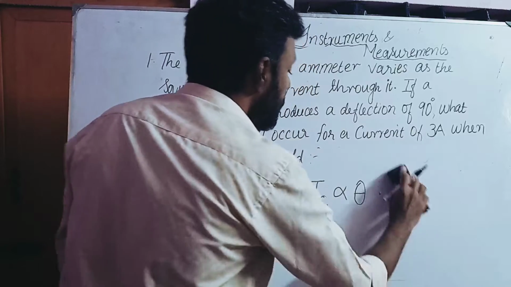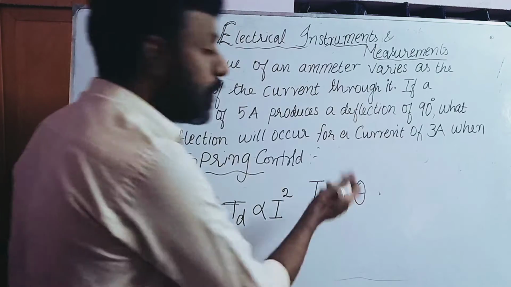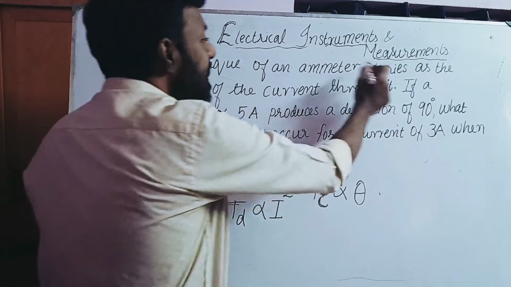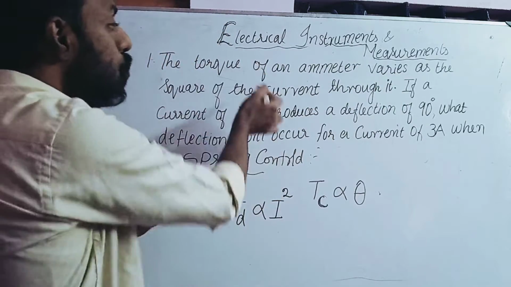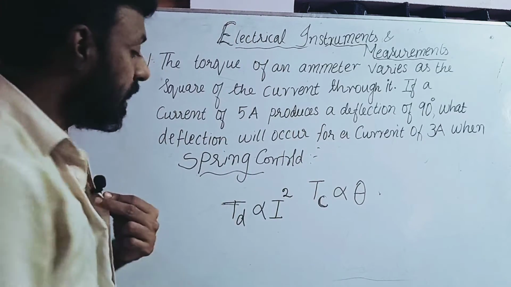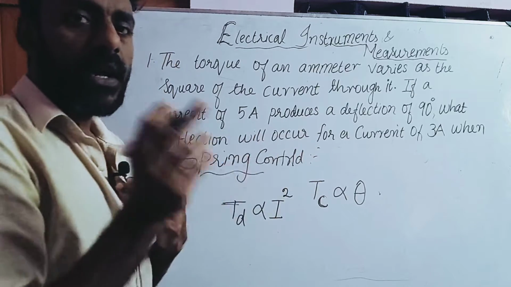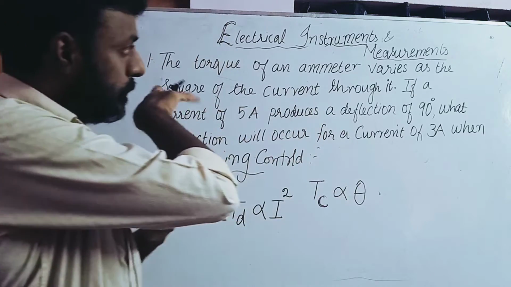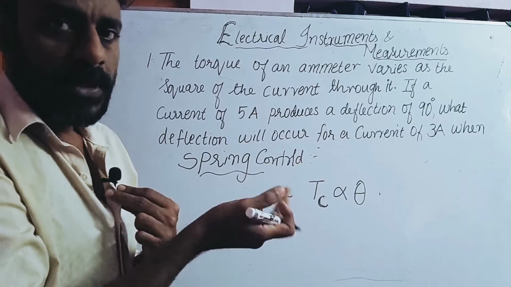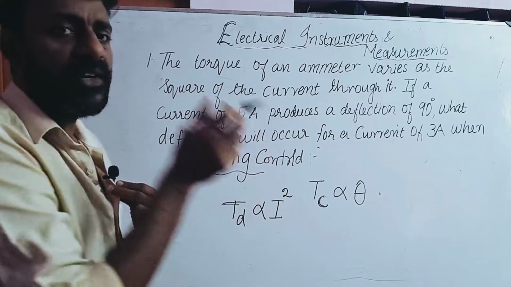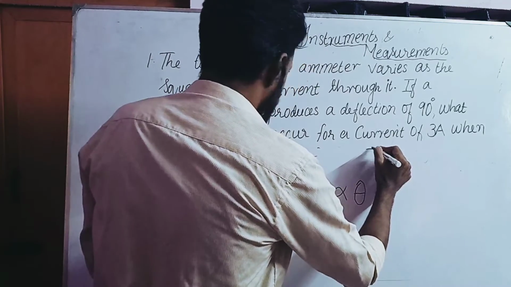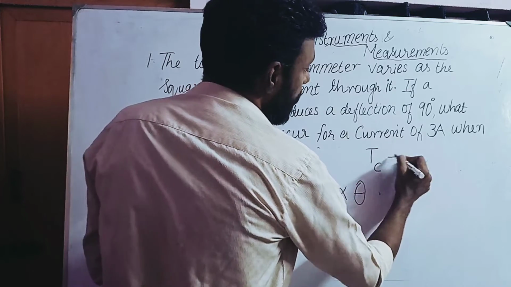How about TC? TC is the controlling torque, directly proportional to theta. They are not mentioning anything about the deflection in these two lines. Now, if the meter needle is at rest in the ammeter, that is, if the deflecting pointer is at rest, then TC will be equal to TD.